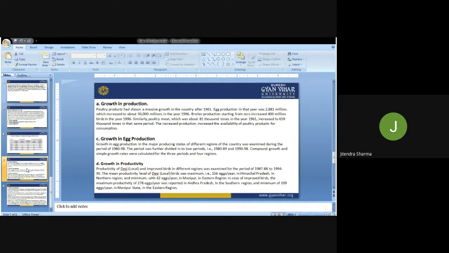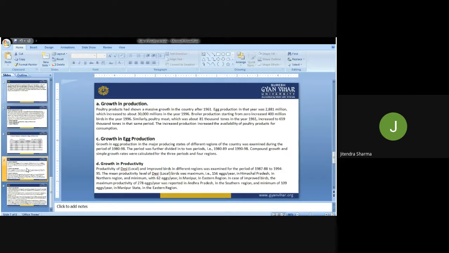Growth in productivity. Productivity of indigenous or desi, that is local, and improved breeds in different regions was examined for the periods 1987-88 and 1994-95. The maximum productivity level of desi local birds was up to 156 eggs in a year in Himachal Pradesh in the northern region, and the minimum was 62 eggs per year in Manipur.